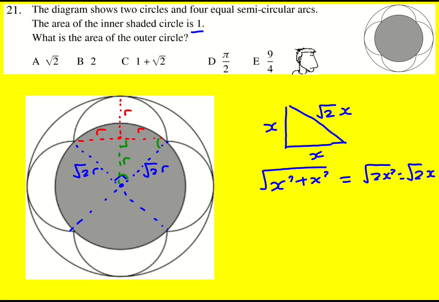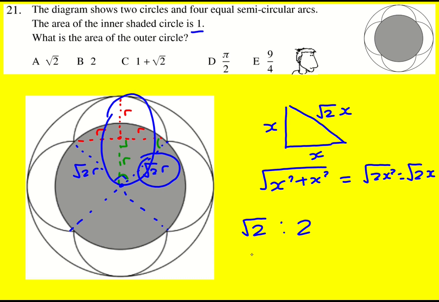So what we see is that the ratio of the radii for the small to the large circles is going to be root 2 to 2, because the small radius is root 2r and the large radius is 2r.